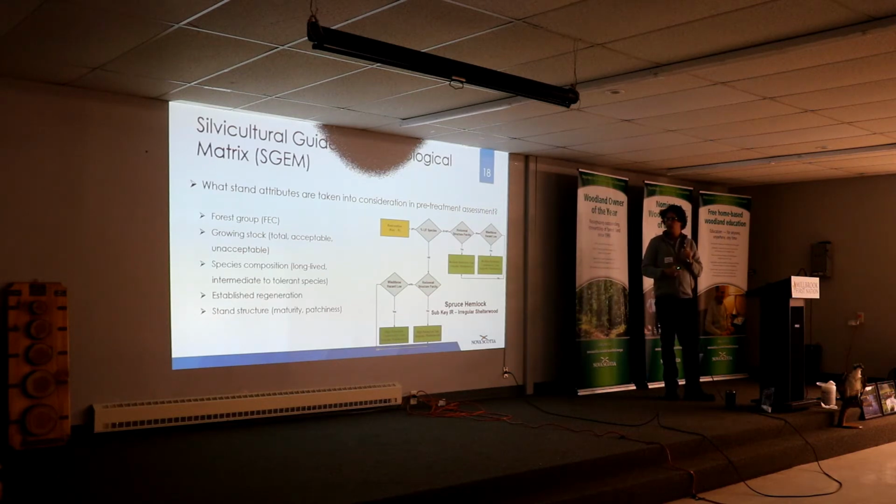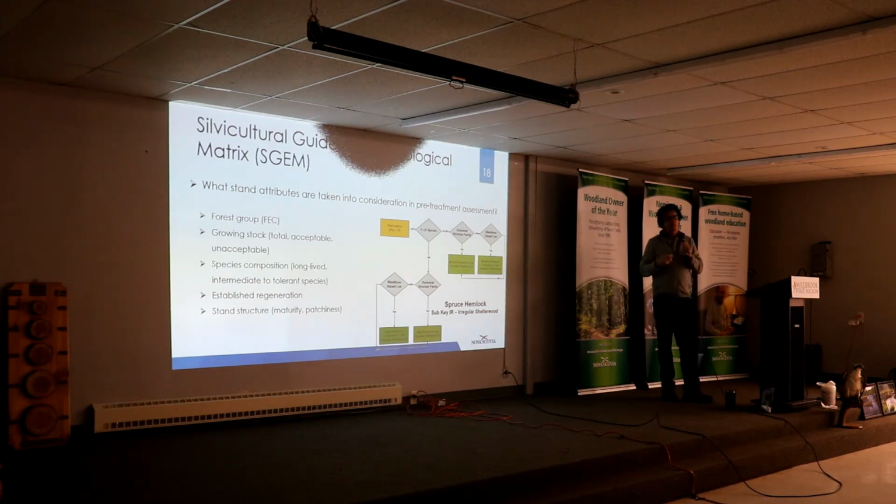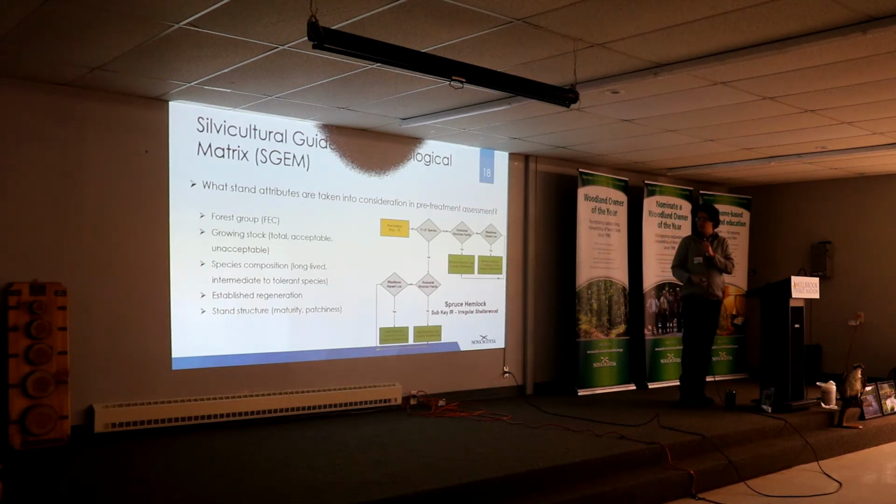So things like, of course, the forest ecosystem classification, like I mentioned, some of the timber objectives, like growing stock, but also acceptable growing stock. So is this tree here something that we expect to live for another 15 years plus? And is it something that could become a higher value timber product down the line, which I know is often an objective, to get those higher value products?